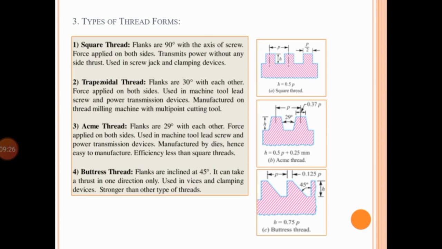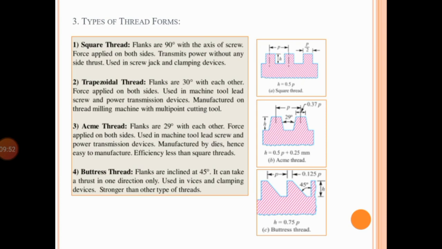The last one is the buttress type of thread, and it has a very specific application. Look at the diagram, you will find that it is actually a combination of square and trapezoidal, or Acme, or V thread. Generally the flanks are arranged at 45 degrees with the vertical plane, and it is used in vices and clamping.